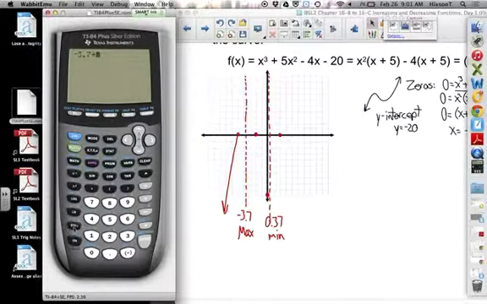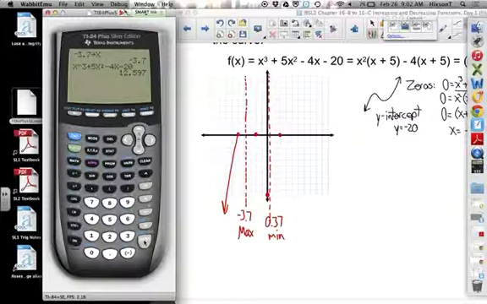So I'm going to store that as x, and I'm going to punch in my original function: x to the third plus 5x squared minus 4x minus 20. Okay? So I now know that my max is at 12.6.